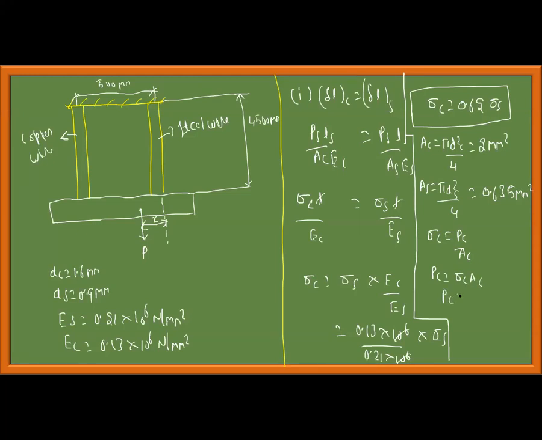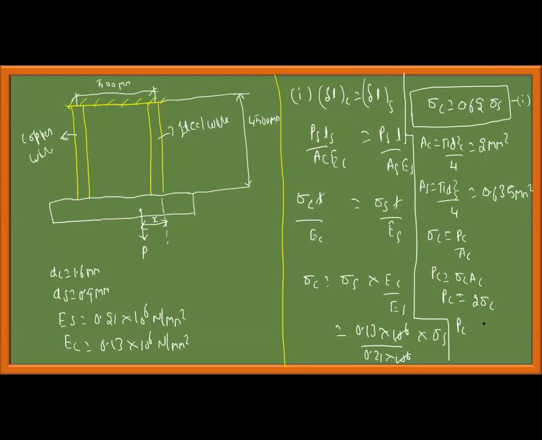Similarly, tell me the value of PC in terms of sigma C, which is nothing but 2 times sigma C, right? I'll be expressing it like this. PC is equal to sigma C into AC. I'll call this as 1.